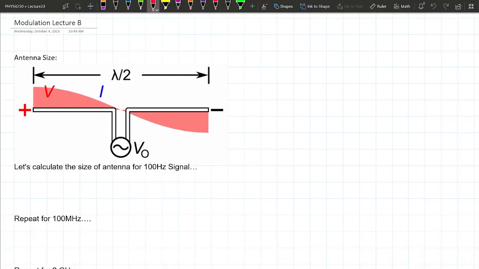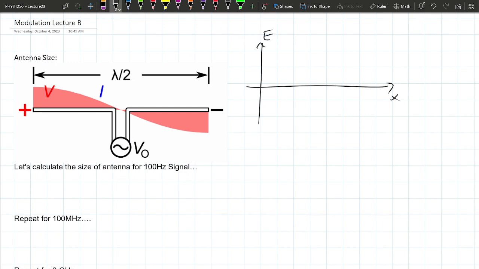If you were receiving a radio signal, it depends on the wavelength of the signal you're trying to receive. Those of you who had General Physics 2 when we did electromagnetic waves talked about this a little bit, and have seen this picture before. Let's plot it in terms of space.